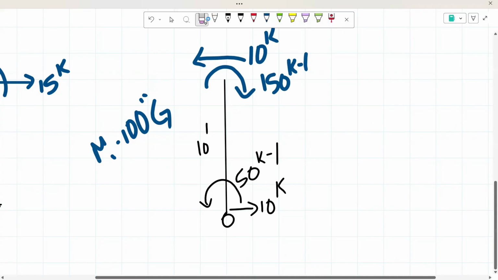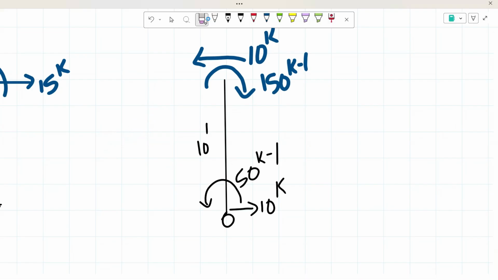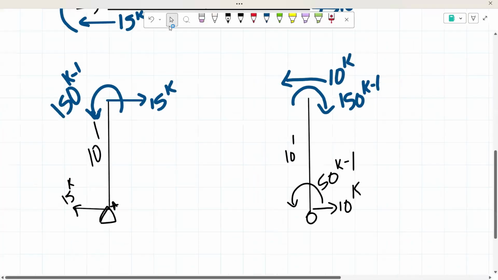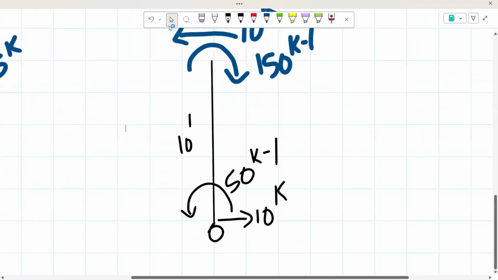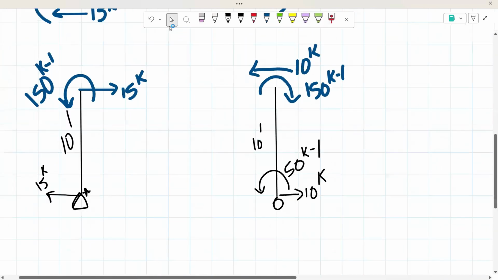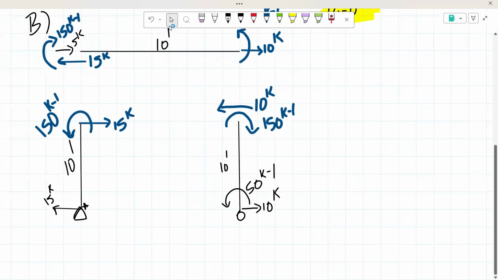And that's how we know we found the member end forces and moments correctly. Because if you did everything correctly, it should be balanced out in the end, and you shouldn't need to add or take away things. So we're done with part B, which was determining the member end forces and moments.